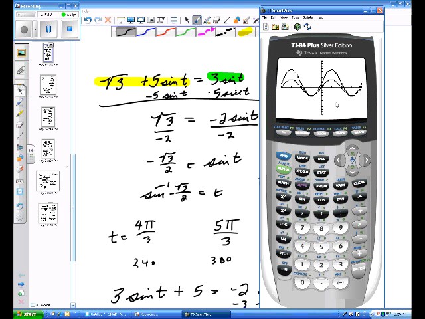Now what we want to know is where those intersect. Where they intersect gives us our solution. So we can do second, calculate, intersect. And we can move our cursor to here, and that's the first curve, so we'll press enter.